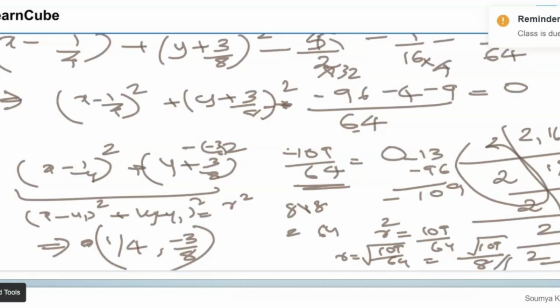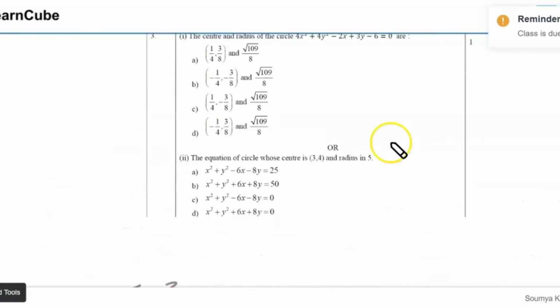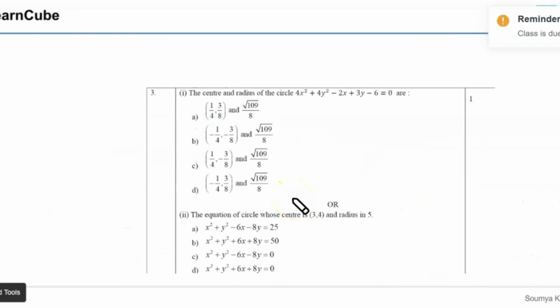So this is the answer. Let's check in the given options. Root 109 by 8 and 1 by 4 comma minus 3 by 8. So option C is matching. It is the same in all the options. So this is your answer.